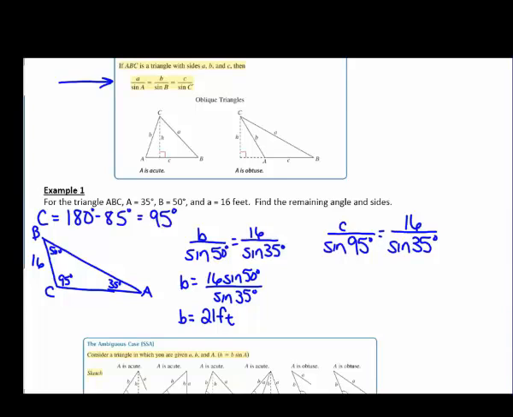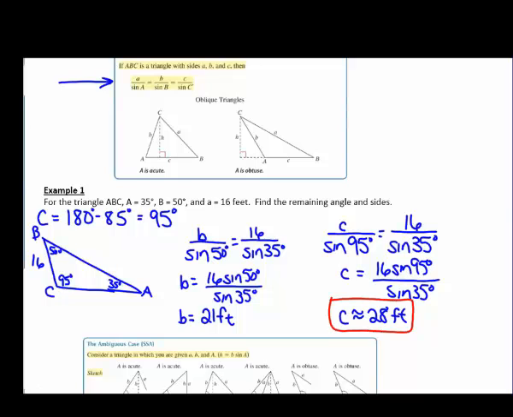And we solve this just like we did for side B. So C equals 16 times the sine of 95 degrees all over the sine of 35 degrees. So you're just going to type that into the calculator, and we get C is approximately 28 feet. And so we have found the missing sides and angle.